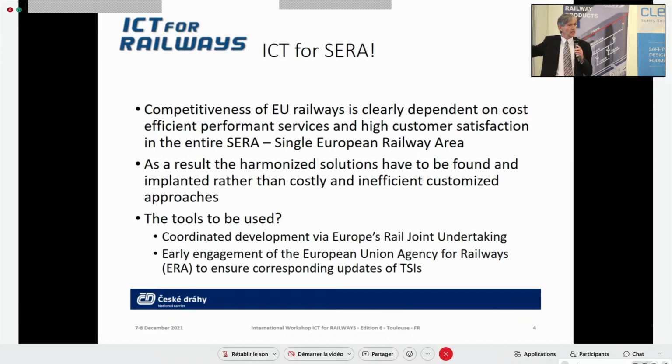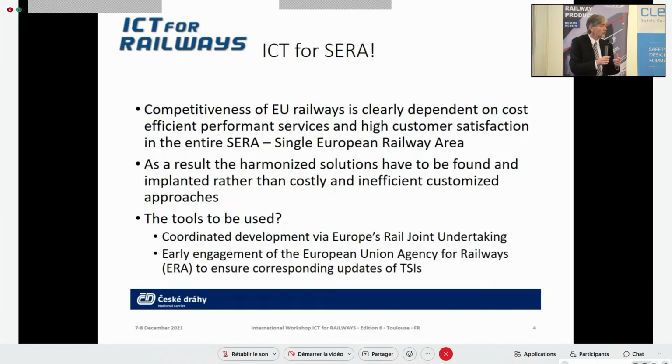We have to work with them in a good connection, because if we want to develop something jointly, the supply industry with the operators, and have it embedded in the regulation, those institutions, the joint undertaking and the agency, the ERA, have to work in close collaboration. This is somehow set in the principles of the regulation that has been put forward, but we all collectively have to help them and really accelerate what needs to be done and then put it through the TSIs.